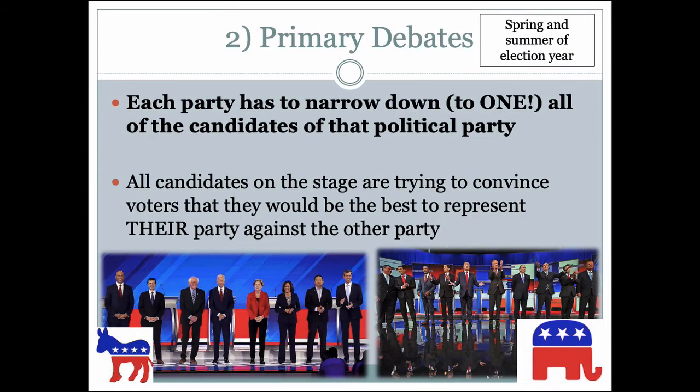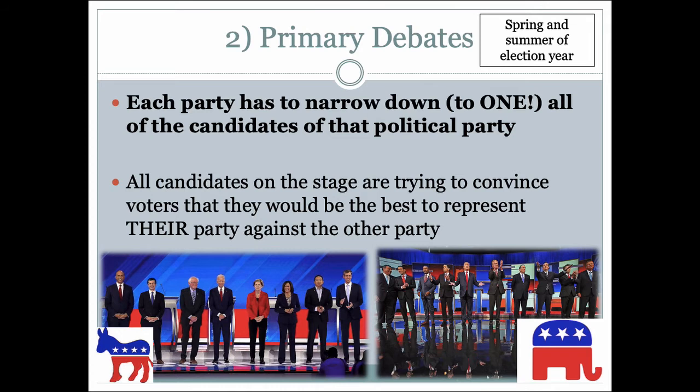The next step is the primary debate series. And here's where we start to talk in this podcast about Republicans and Democrats. So while we know there are many parties out there, we're going to focus on the big two. So in a typical election cycle, if there are many people from any one party who want to become the one to represent their party in the presidential election, that party has to have a primary.